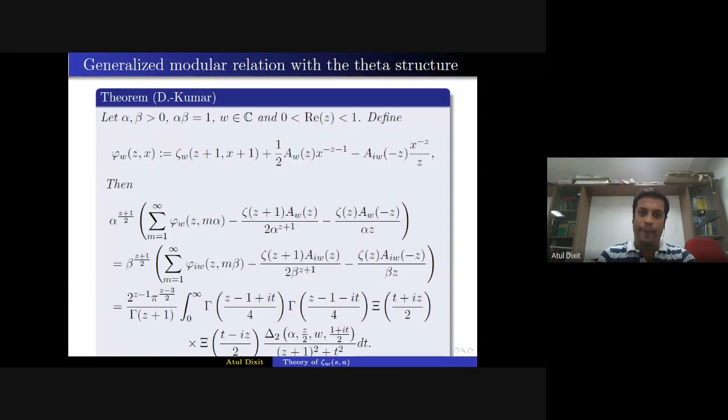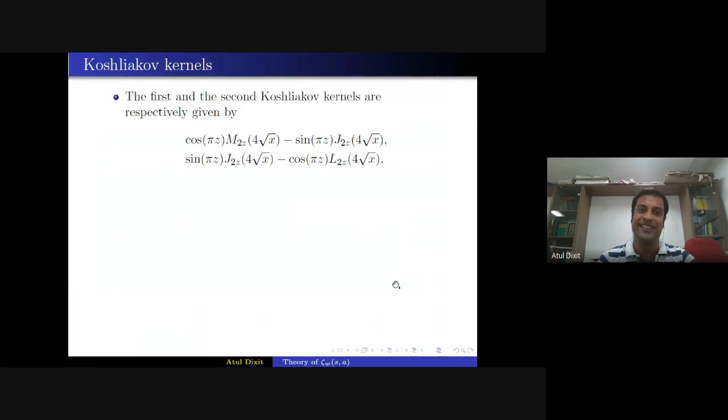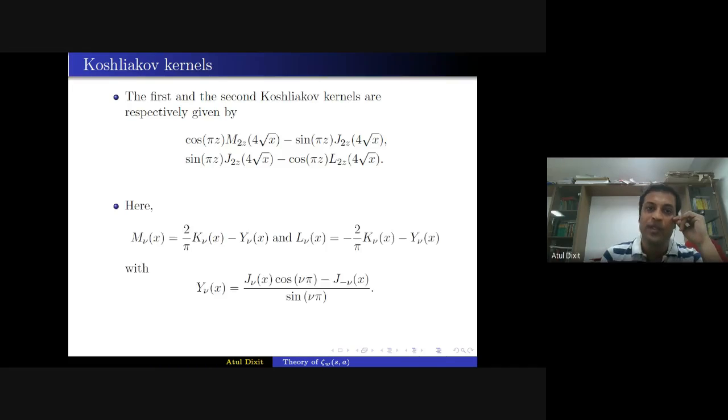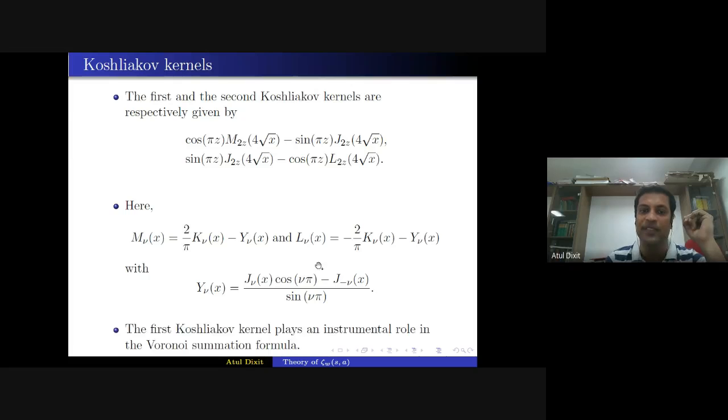Okay, I'm going to skip the proof of this, but I would want to just say what are the things that one needs to develop. So here are two kernels. We call them the first Koshliakov kernel and the second Koshliakov kernel. The first Koshliakov kernel is very useful because it plays an instrumental role in the Voronoi summation formula associated to sigma z of n.